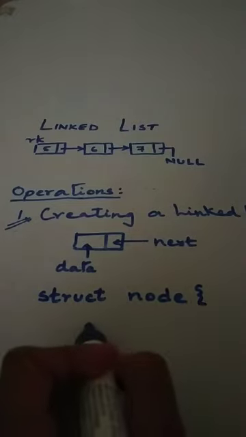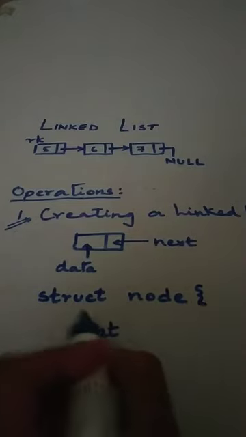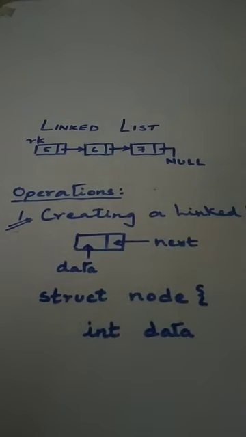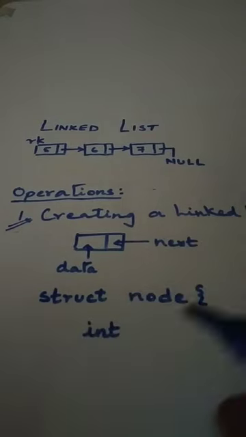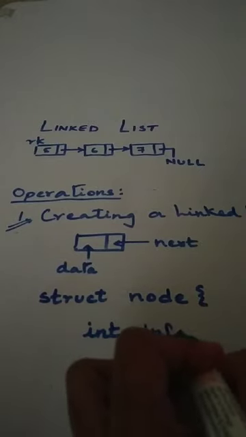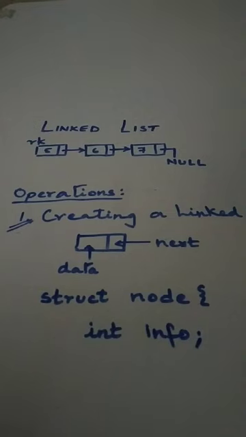I want to store integers here, so I will say the data type of data is integers. Let me name it info so that I can use it throughout my example. I'm more comfortable with calling it info. Okay, int info. So the information involved in every node is integer in my case.